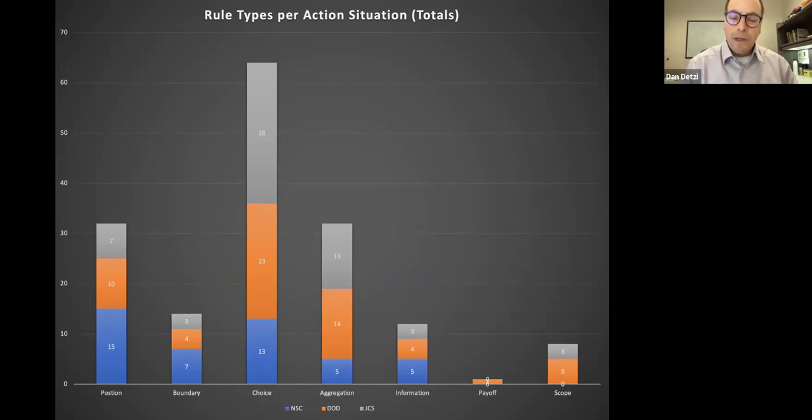And that makes sense, since it is a default rule and it is linked to actions. Scope rules are also considered kind of a catch-all type of rule, but I'm going to tell you why I think it's important that the absence of those are important for what I'm looking at here.